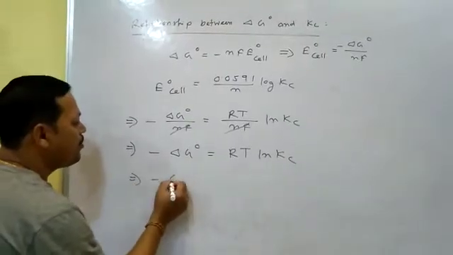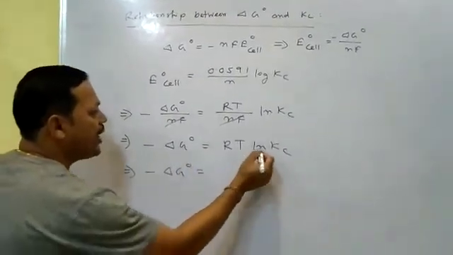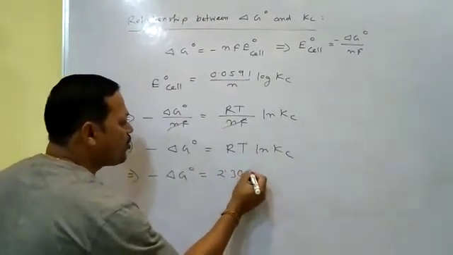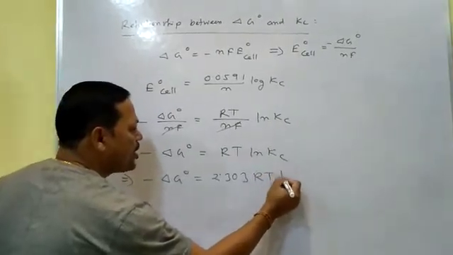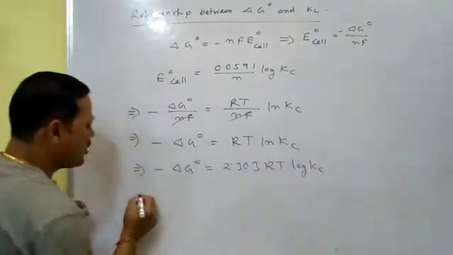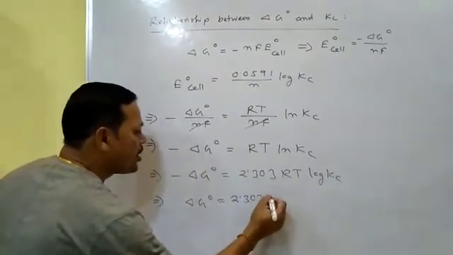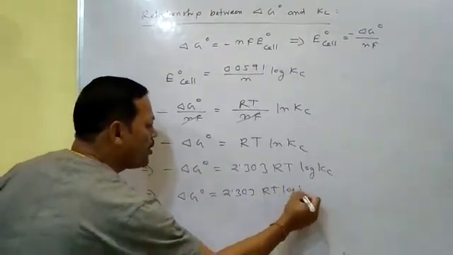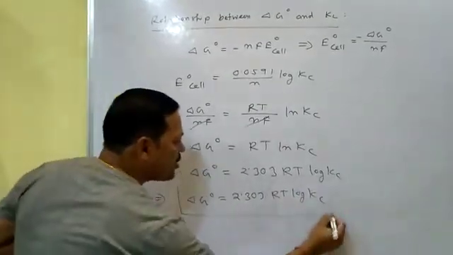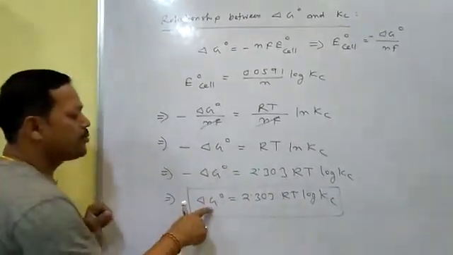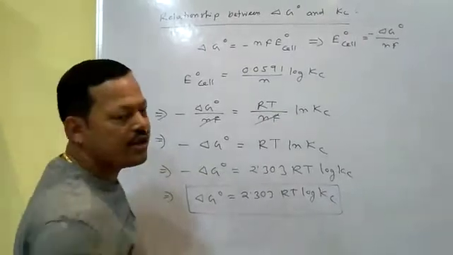And ln means how much? 2.303 log. So minus delta G naught is equal to 2.303 RT log of Kc. That means delta G naught is equal to minus 2.303 RT log of Kc. So this is the equation which gives the relationship between Gibbs free energy and the equilibrium constant Kc.